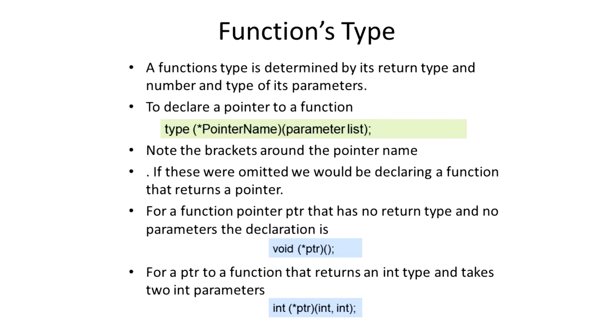And then a second pair of parentheses, which corresponds and aligns to the function signature that we want to point to. So if that function is not expecting any parameters, then we don't put anything in the parentheses. But likewise, if it is expecting parameters, such as the example right at the bottom, where it takes two integer values, then we would have to write int, comma, int within the second pair of parentheses after that pointer name in the first pair of parentheses.